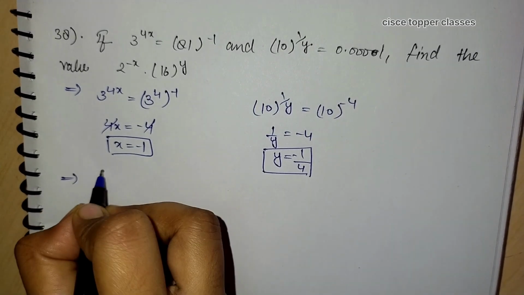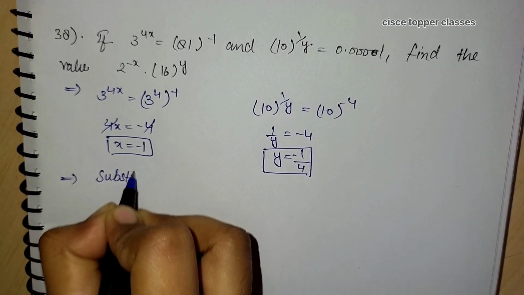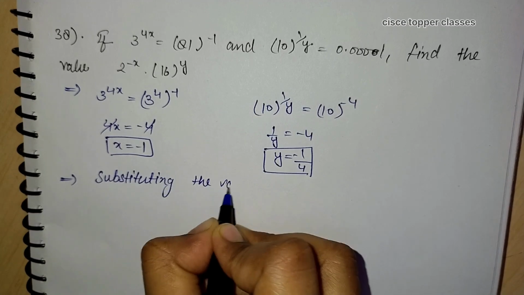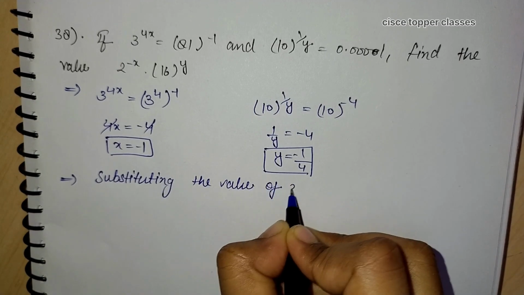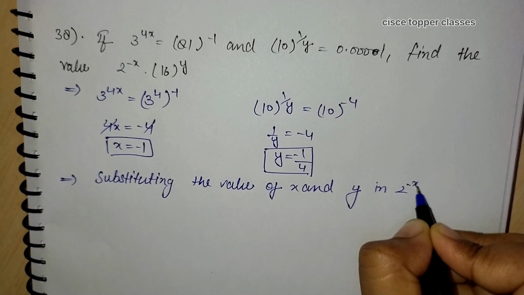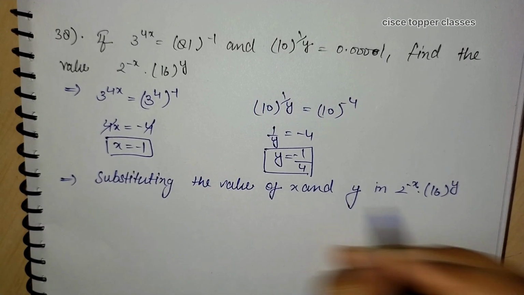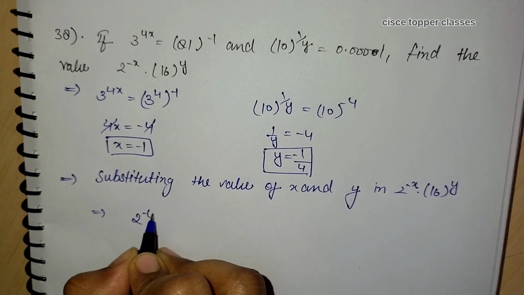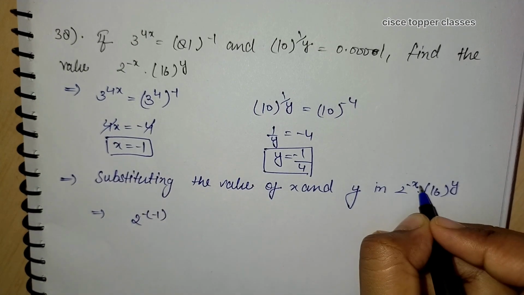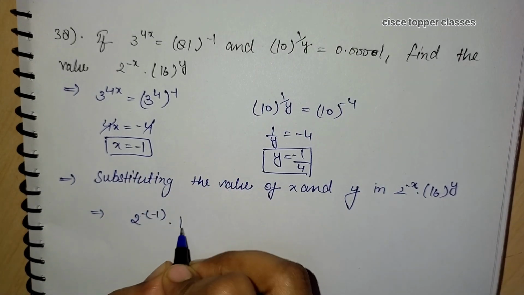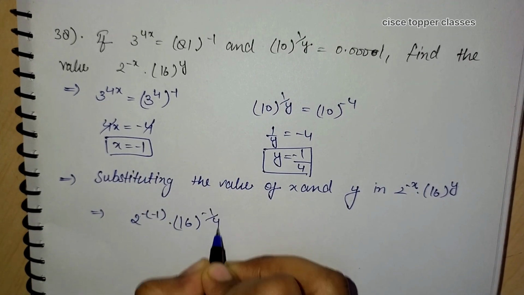Now we will substitute the value of x and y. Substituting the value of x and y in 2 की power minus x into 16 की power y, we will get 2 की power minus 1, means minus x, we will put here minus 1, the value of x, and 16 की power minus 1 by 4.